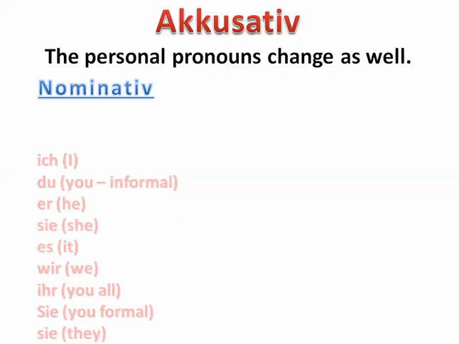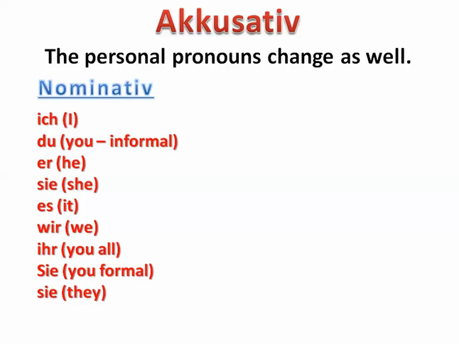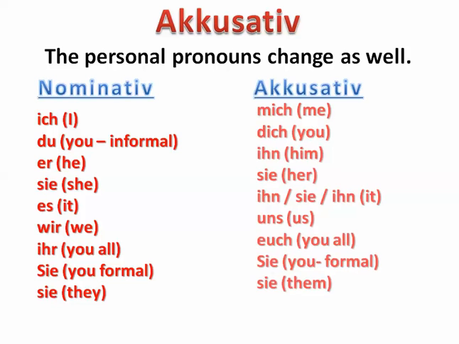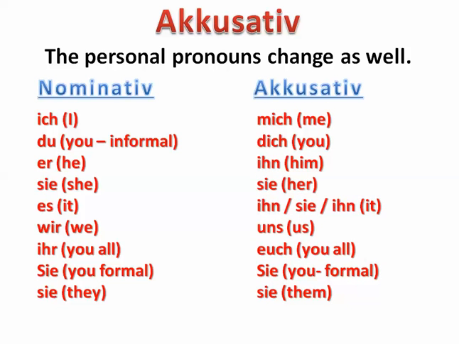German, just like English, has personal pronouns. The nominative case, which is the subject pronouns in English, I, you, he, she, it, we. In German, ich, du, er, sie, es, wir, ihr, sie, and Sie. These will also change, and they also change in English, but not to the same degree.